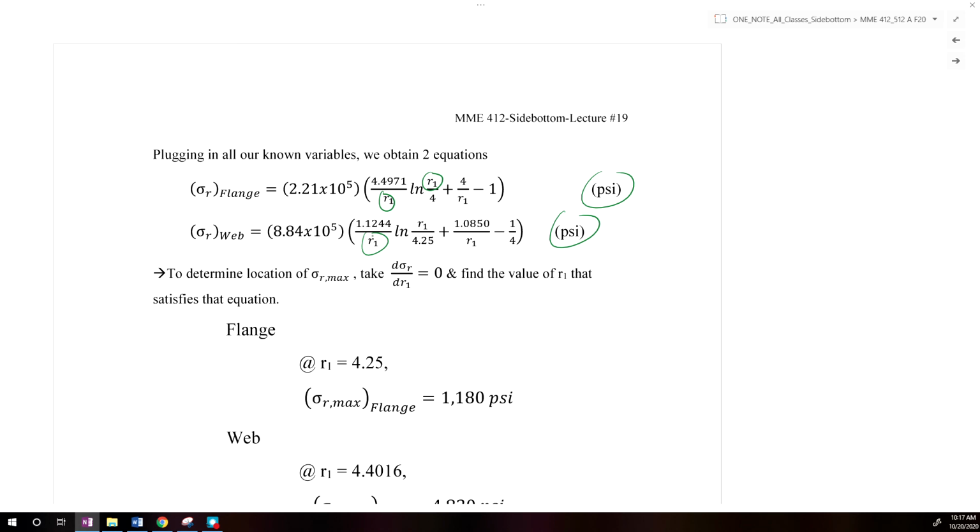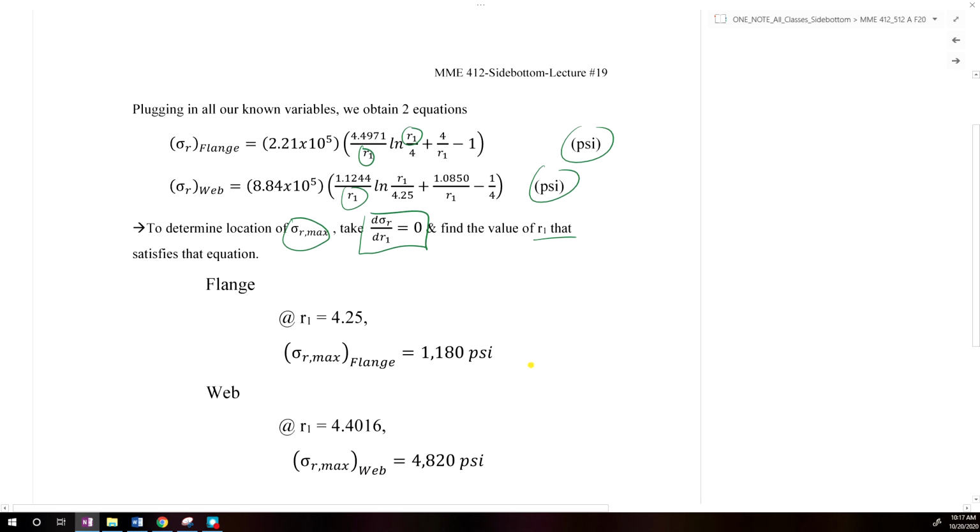To determine the location of sigma R max, we can take the derivative of sigma R with respect to R1 and find the value of R1 that satisfies that equation; this is where our maximum stress would be located. If we evaluate these two functions, we find that the maximum stress within the flange occurs at R1 equal to 4.25, and that stress would be equal to 1,180 psi.